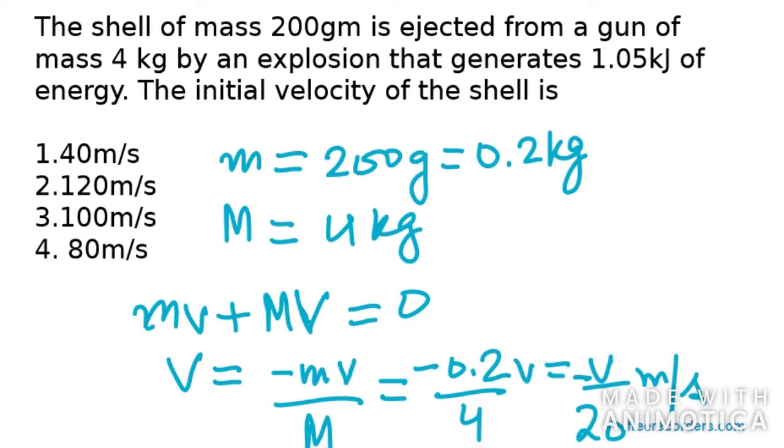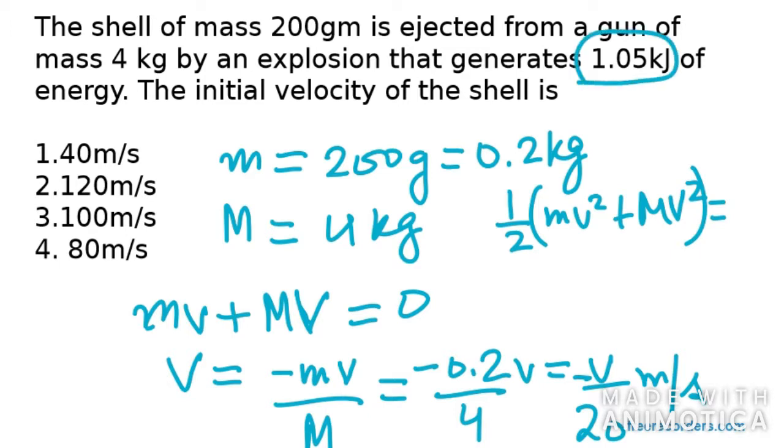Now we need to find the energy of explosion. So energy will be half mv square plus half bigger M V square, equal to what the explosion generates, 1.05 kilojoule. It could be written as 1.05 into 10 raised to power 3 joule.